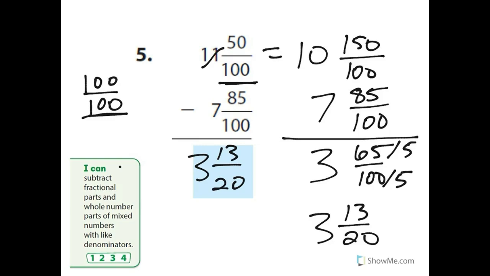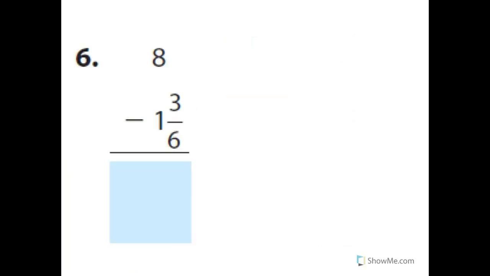Right? Our I can statement here says I can subtract fractional parts and whole number parts of mixed numbers with like denominators. So number 6, what we can do is make it 7. I'm going to borrow 1 from it, and 6 over 6. Why are we doing 6 over 6? Well, because we want it to have the same denominator that it's subtracting with.